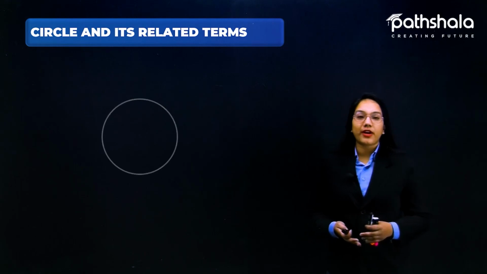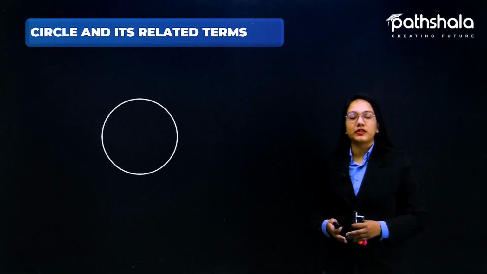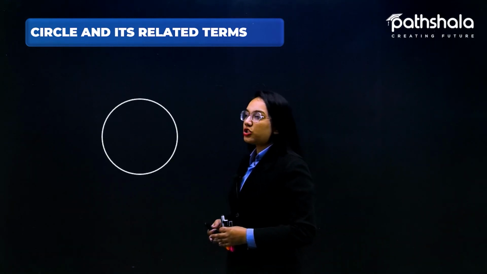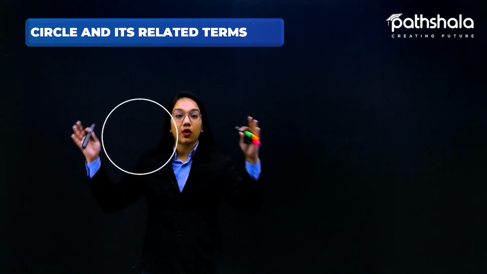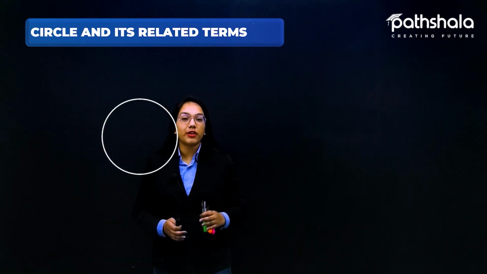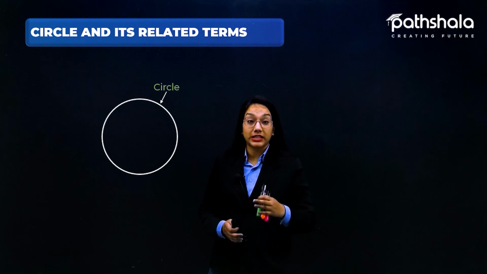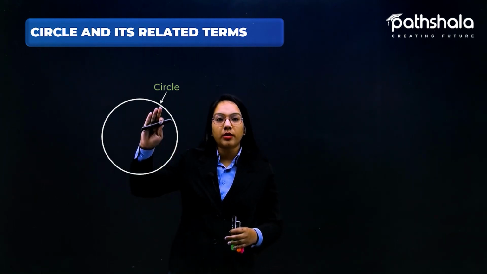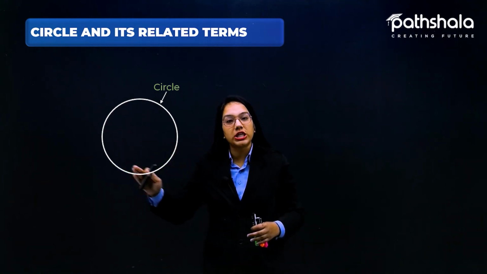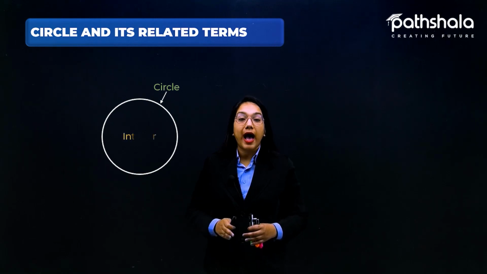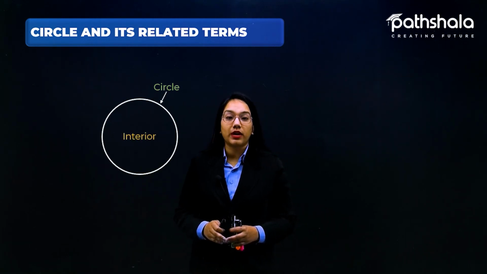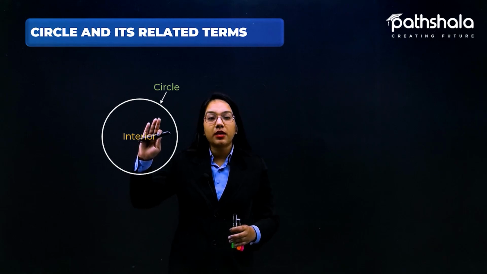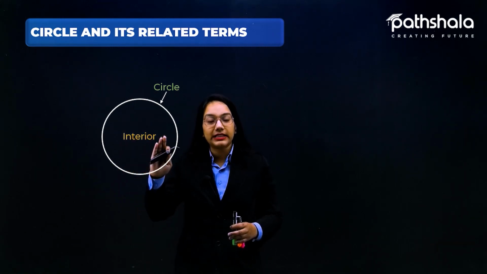Suppose I am drawing a particular circle. You can see that if I am talking about this circle on this plane, the very first region is the circle, meaning the points which are actually on this circle. The second portion is called the interior part, meaning everything which is inside this circle.